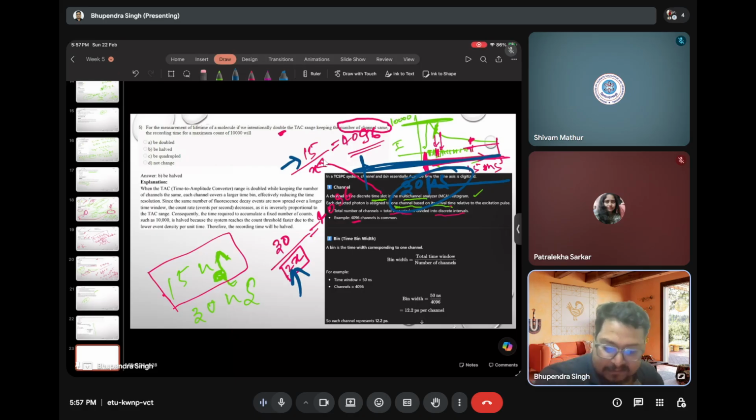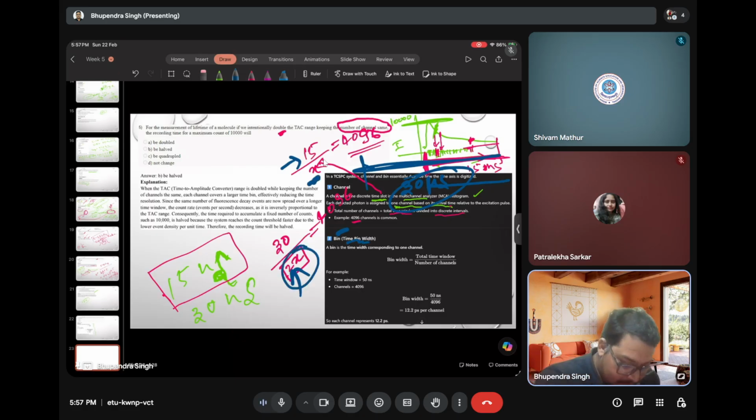So let's say you are measuring, and that time slot is called the bin. So time slot, or time bin width, or simply bin. A bin is a time width corresponding to one channel, this x or 2x.